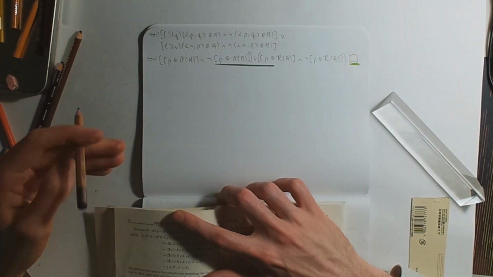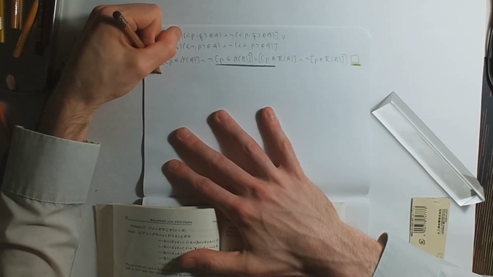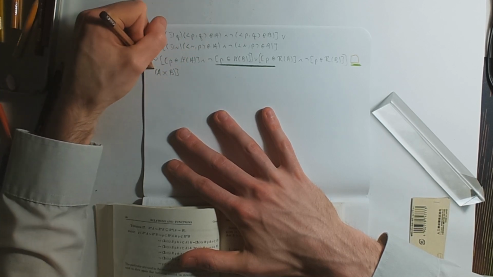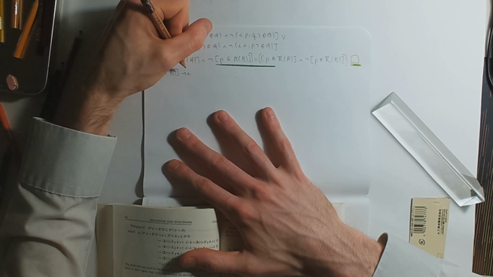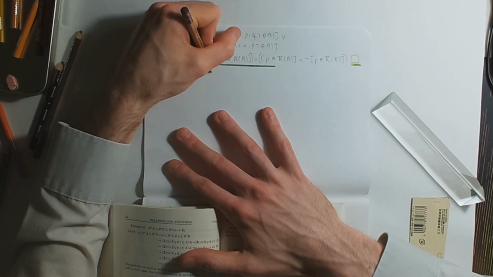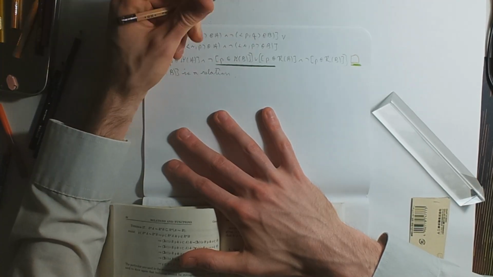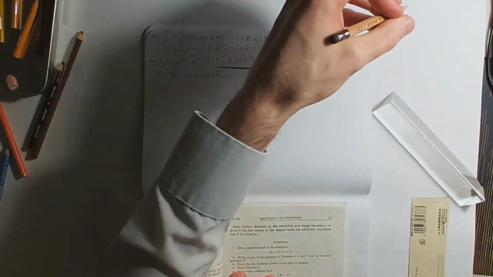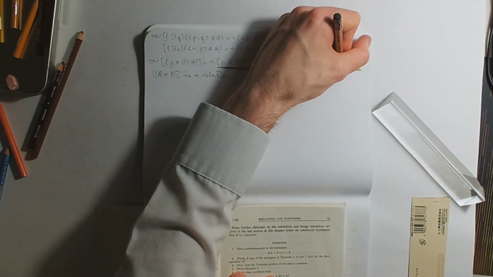So that'll be A by B is a relation. Alright. That's exercise 3.